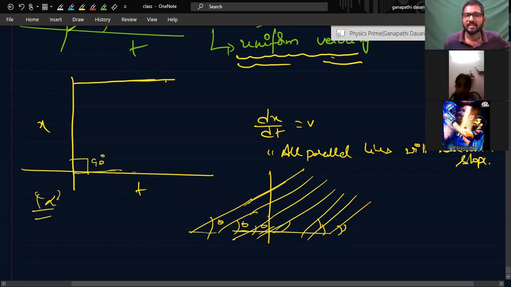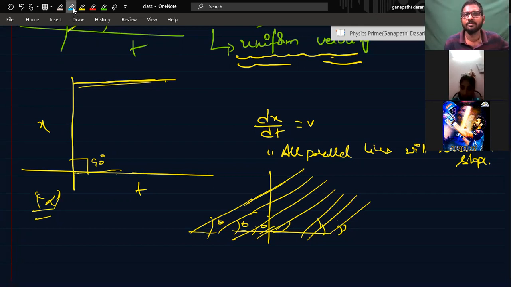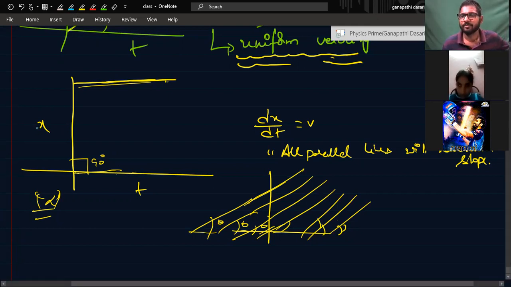So here this line is parallel to the x-axis. If it is parallel to the x-axis, what is the slope? 0. That means dx by dt is equal to 0, so here the velocity of the particle is 0.